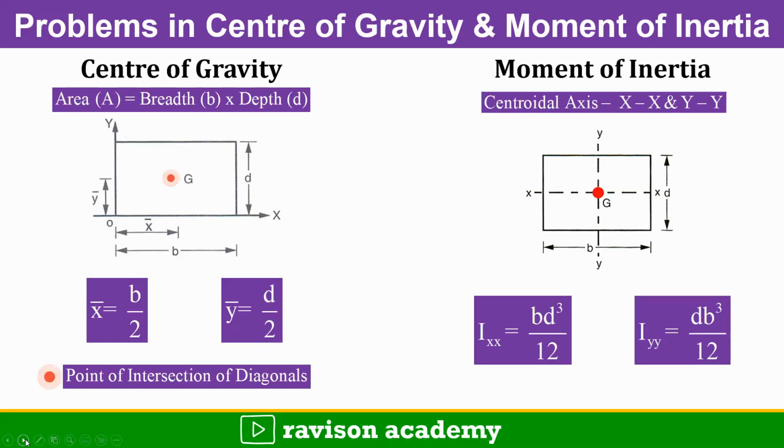So x bar, the distance from the y axis, is b by 2, and y bar, the distance from the x axis, is d by 2. For the moment of inertia about the centroidal axes xx and yy, Ixx equals b d cube by 12 and Iyy equals d b cube by 12.